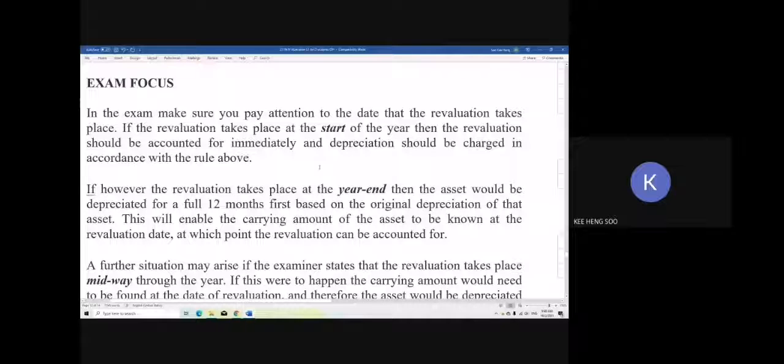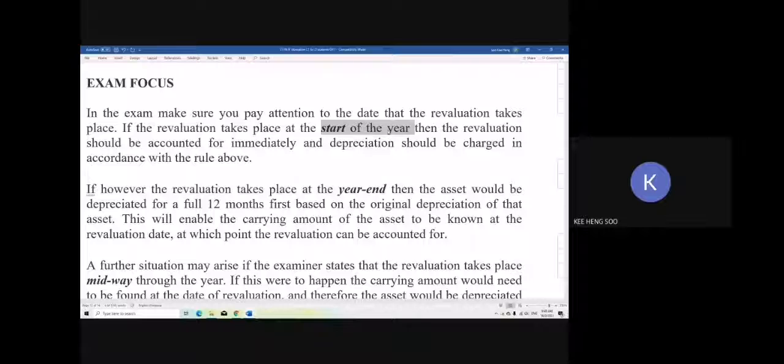Last week's tutorial had 2 questions. Revaluation takes place at the start of the year: question 6. Depreciation should be charged according to the new rules. Jot down last week's tutorial 3, question 6.